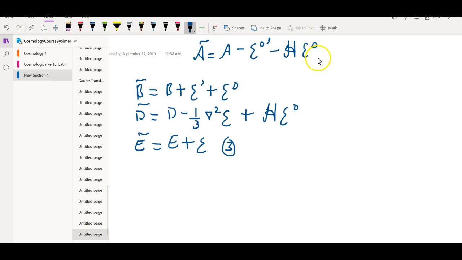From these four equations, what else can we derive?